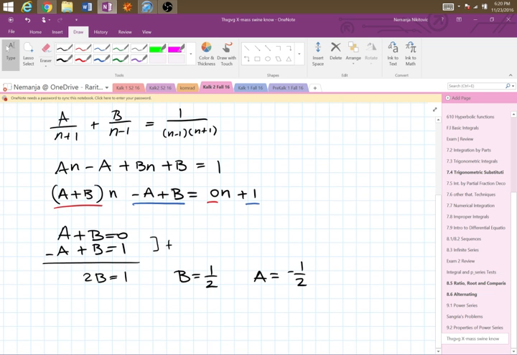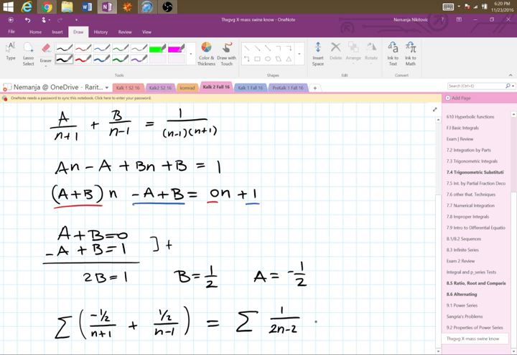So we are going to have the summation of negative 1/2 divided by n plus 1 plus positive 1/2 divided by n minus 1. But I'm going to swap this and make it into 1 over 2n minus 2 minus 1 over 2n plus 2.